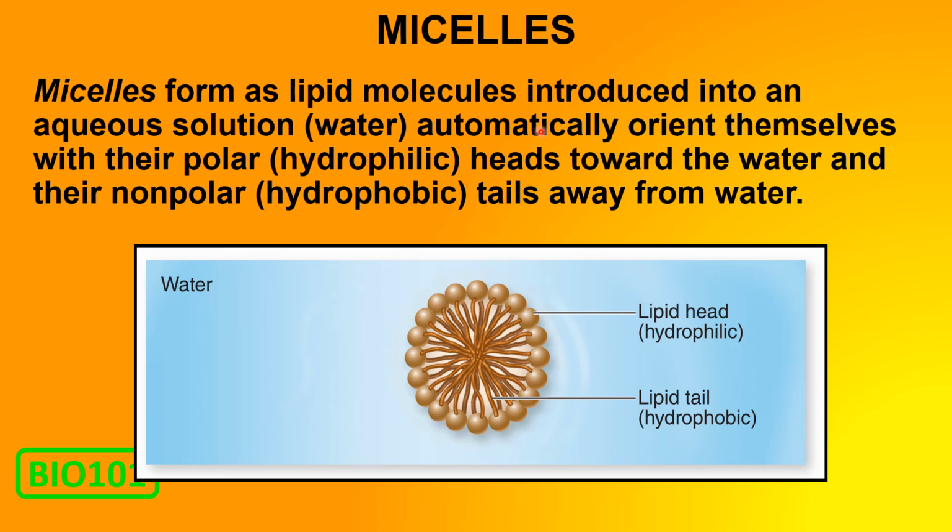They automatically orient themselves with their polar or hydrophilic or water-loving heads towards the water, and their nonpolar or hydrophobic fatty acid tails tucked inside of the little bubble away from the water. So you see the hydrophilic heads out here. These are your phosphate heads, and these are all of your little hydrophobic lipid tails tucked inside because they don't want any contact with water.